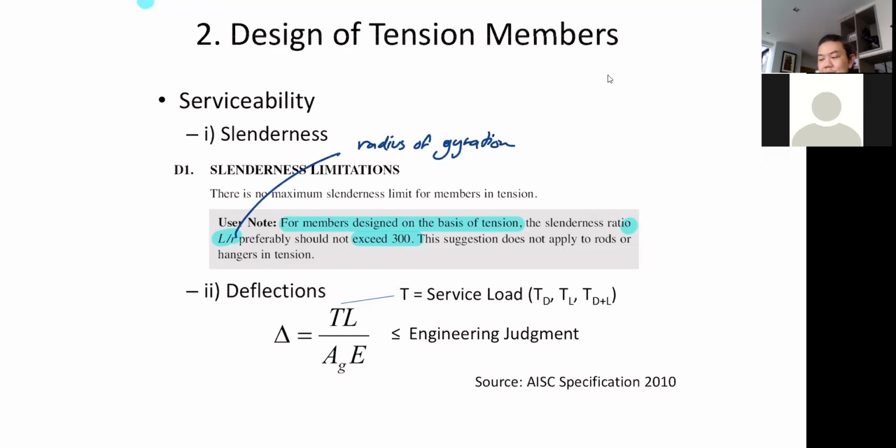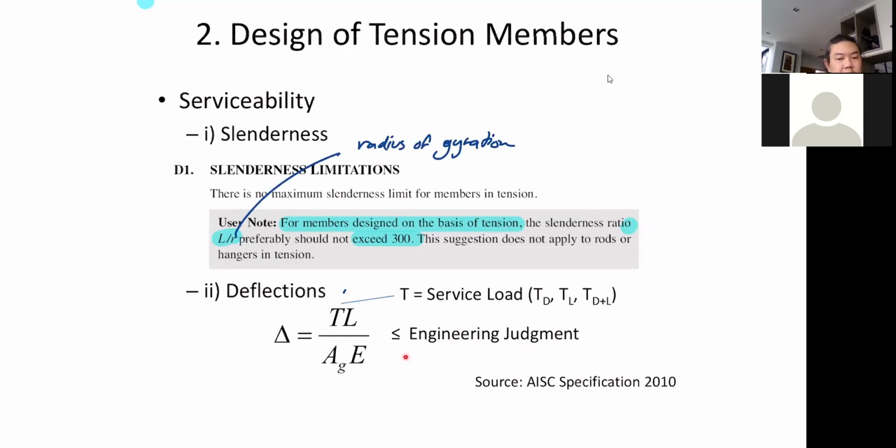And from time to time, we may need to check the deflection of your tension rod and so and so. If you can recall, this is a basic formula for calculating the elongation of your tension member, right? It's PL over AE, but instead of P, we use T. Okay, and say the calculation of deflection always depends on here, engineering judgment.